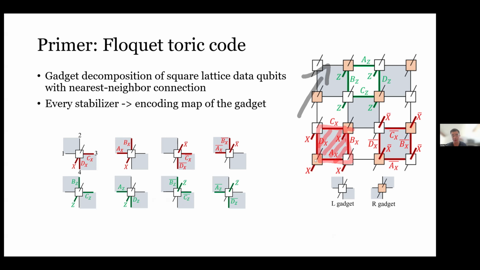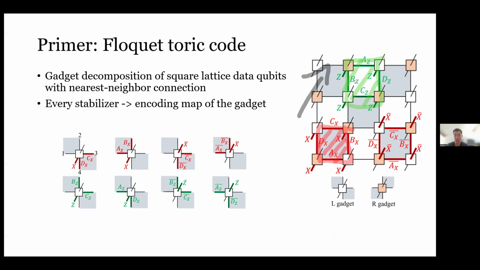Let's put up an ansatz, and we will later solve for these operators. We give the names A, B, C, and D with a subscript X to indicate that they're mapped from incoming X operators. Similarly, you can do this with the incoming Z operators, which is done over here. The incoming Z operators are mapped to these bonds, and we also give the bond operators names A, B, C, and D with subscript Z.